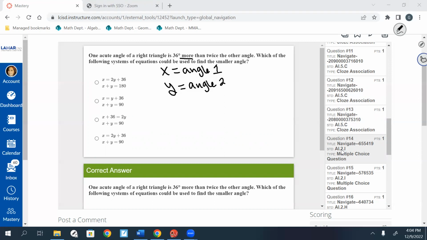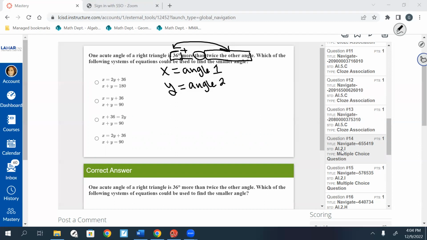So you see that word more, more means adding. And then the word than means we're taking this 36 and this twice the other angle. And you got to switch the order that they're in. So we're going to start with twice the other angle.